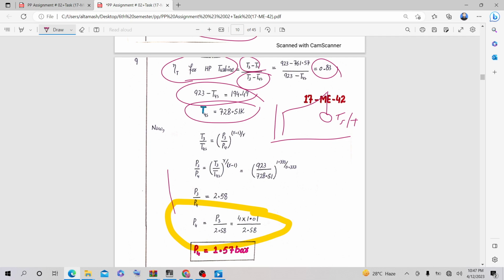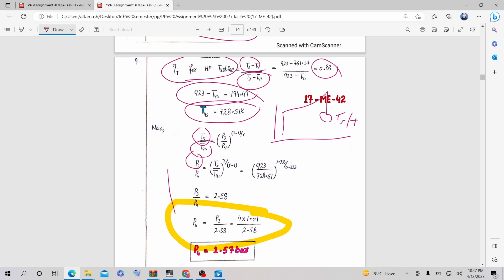So now our problem is that we want to know the P4. We know that T3 by T4s is equal to P3 by P4.